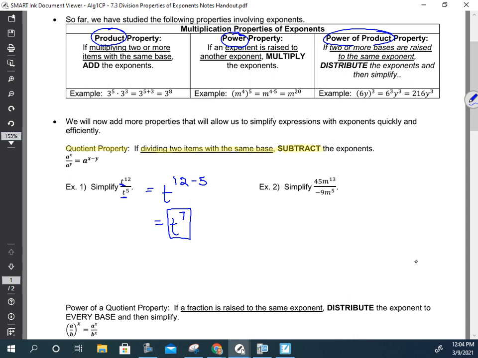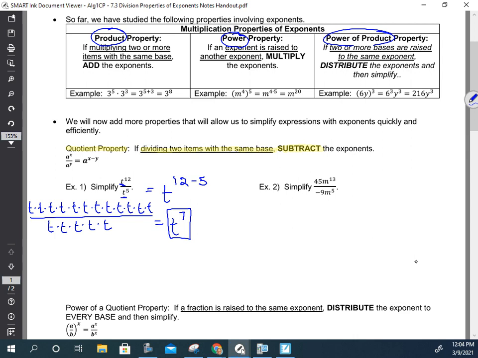So, t to the 7th power, that's your final answer. If you forget the property, here's why you should remember it. T to the 12th means you have t written 12 times, divided by t written 5 times.